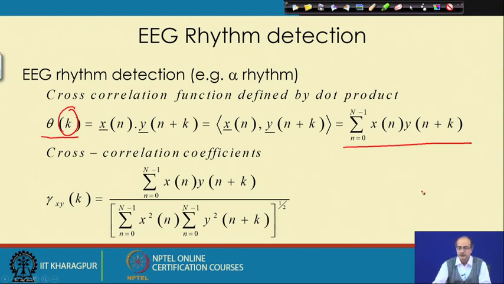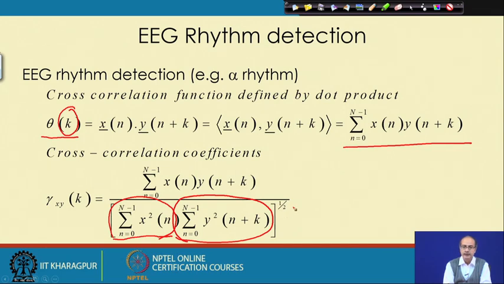To get rid of that kind of bias, what do we do? We divide it by the square root of the energy of the signal x, that is the sum of the energy of the signal x, and the square root of the estimate of the energy of the signal y. We take the square root because both are energies, and that takes care of the dimensionality.